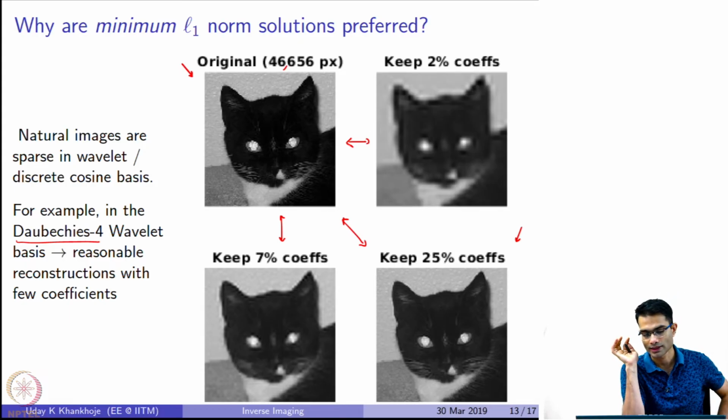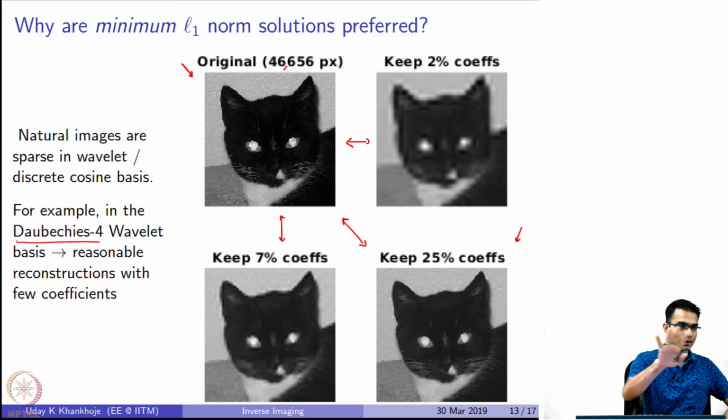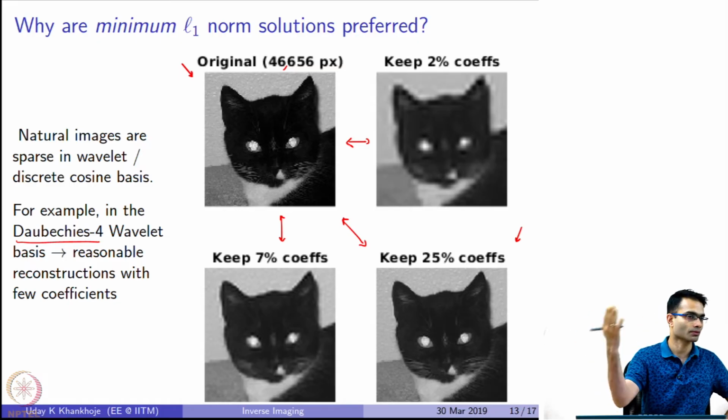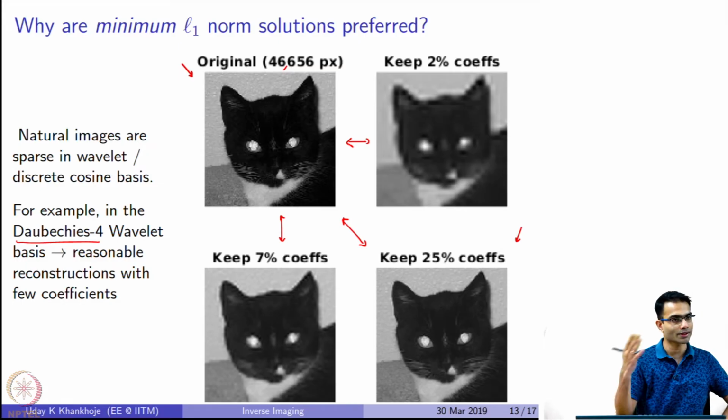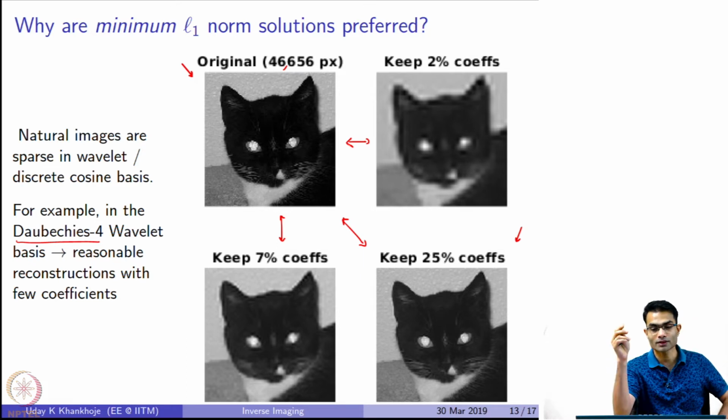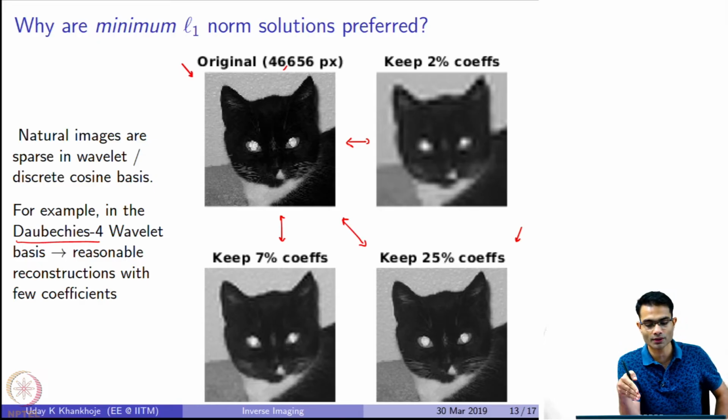So this is a very good motivation for why, if instead of looking at the image in the pixel domain, which needs 46,000 numbers, I transform it with a linear transformation, the wavelet transform, which means it can be characterized by a matrix, simple. If I choose the correct matrix, I can, with just 2% coefficients, so 2% of this is going to be roughly how much? Less than 1,000, right?